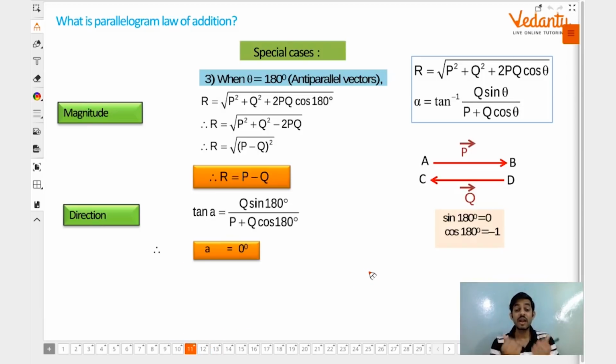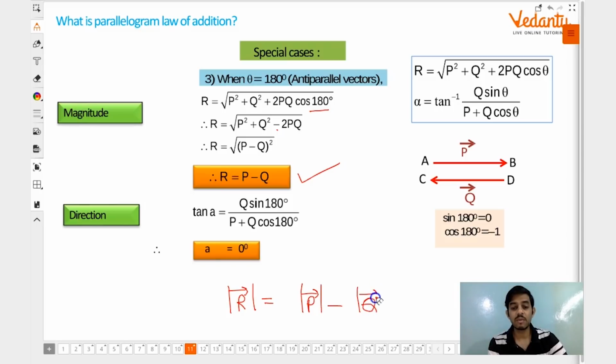Second, अगर P and Q vectors were in opposite direction, angle would be 180 degree, cos of 180 is -1, the resultant would be P minus Q, or you can better write it as mod R equals to mod P minus mod Q whole mod.